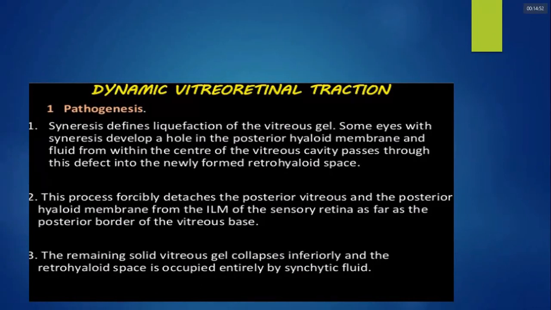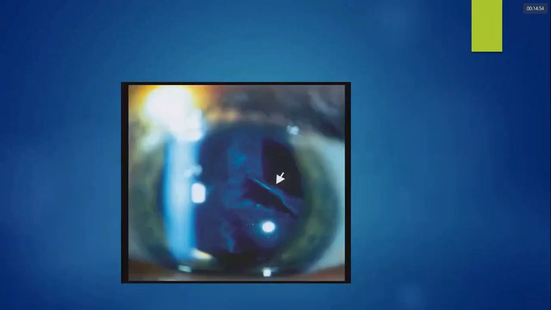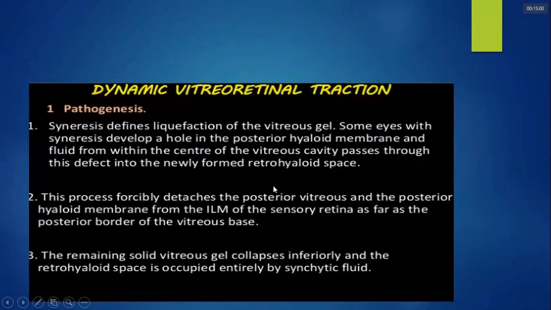So now you see this picture again. This is a space formed between the, this is a hole. This liquefied fluid gradually passes from the center of the vitreous cavity through into the retrohyaloid space.